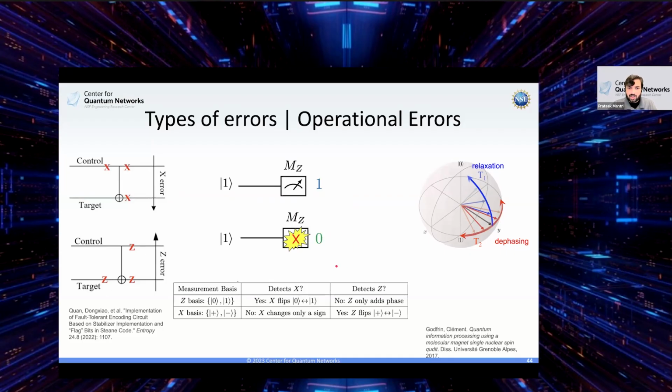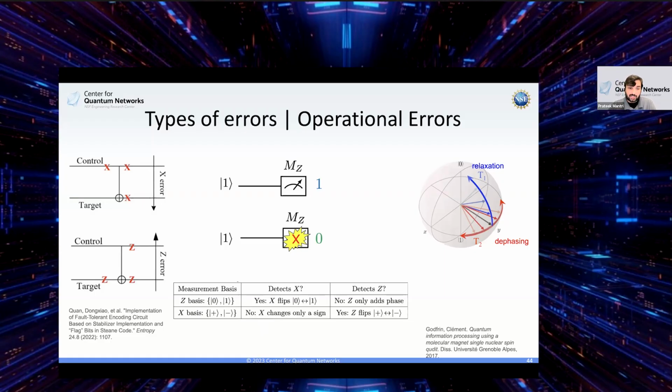Based on the different bases that we choose for measurement, it is immune to certain errors, and it is quite sensitive to other kinds of error. If we are measuring in the Z basis, the X flips are critical. They end up making the measurement results completely different, while a Z error does not really affect it.